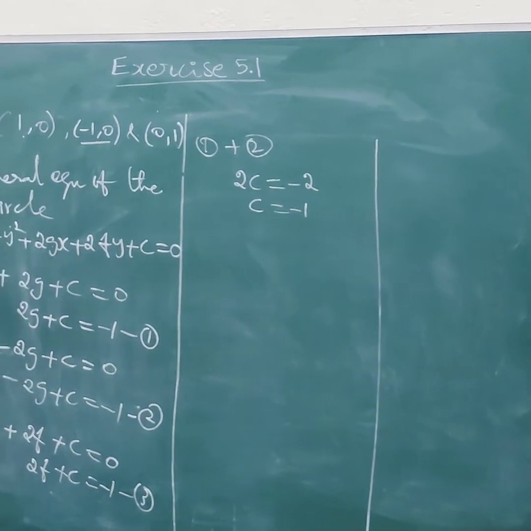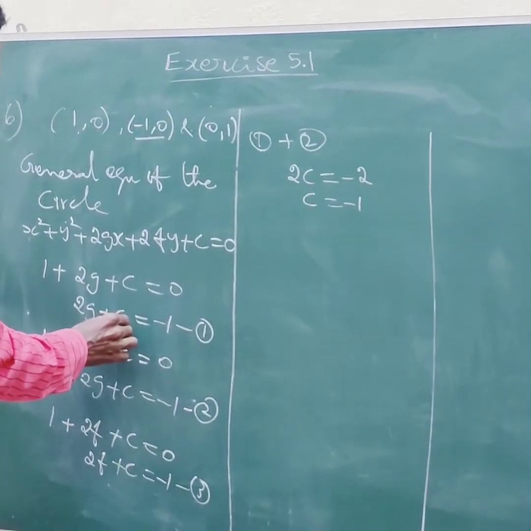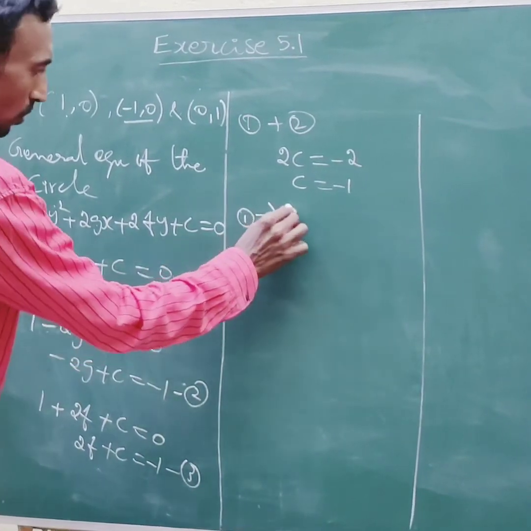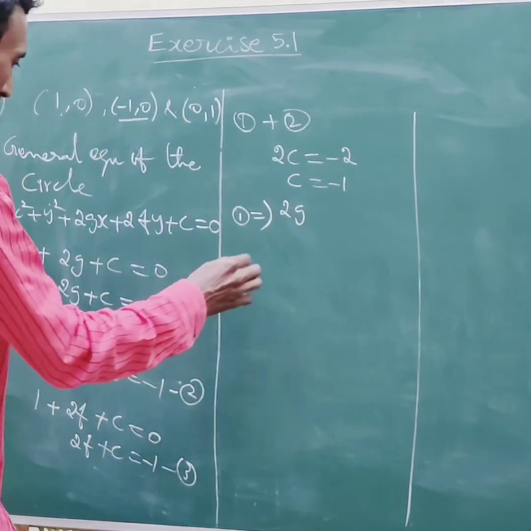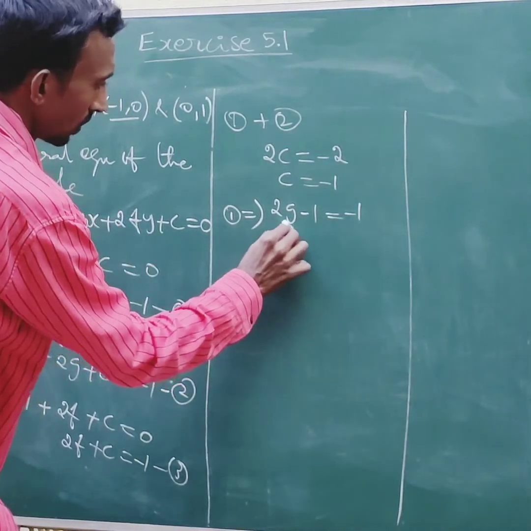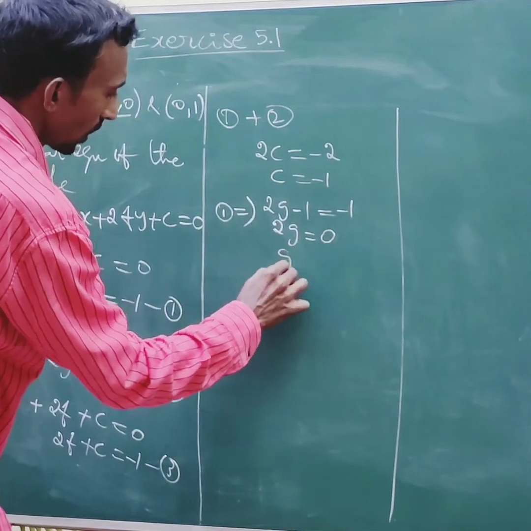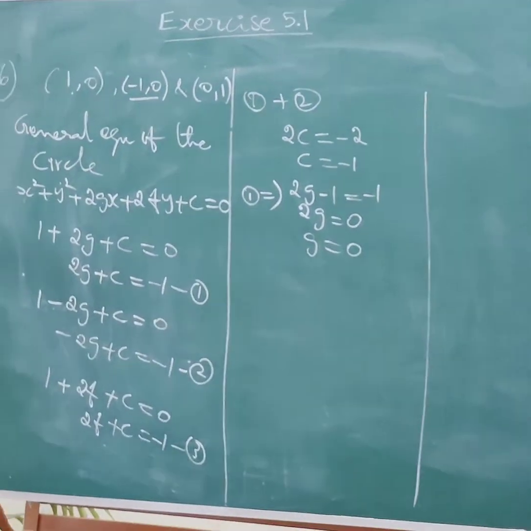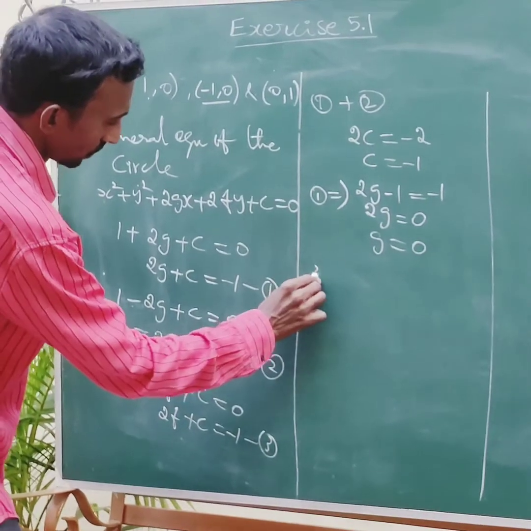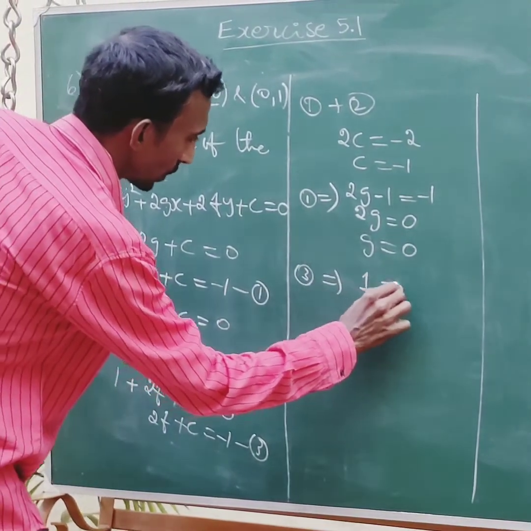Just replace c equal to minus 1 in the first equation: 2g minus 1 equals minus 1, 2g equals 0, g equals 0. Again, if we put the same thing in the third equation, f becomes 0.